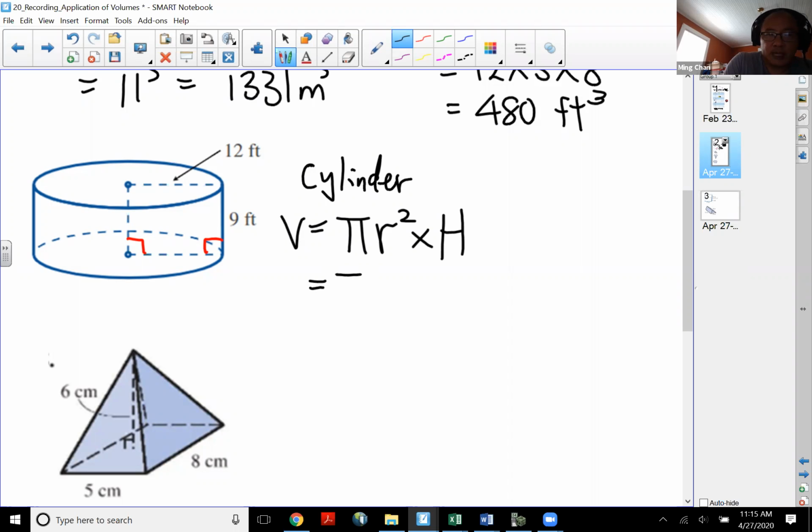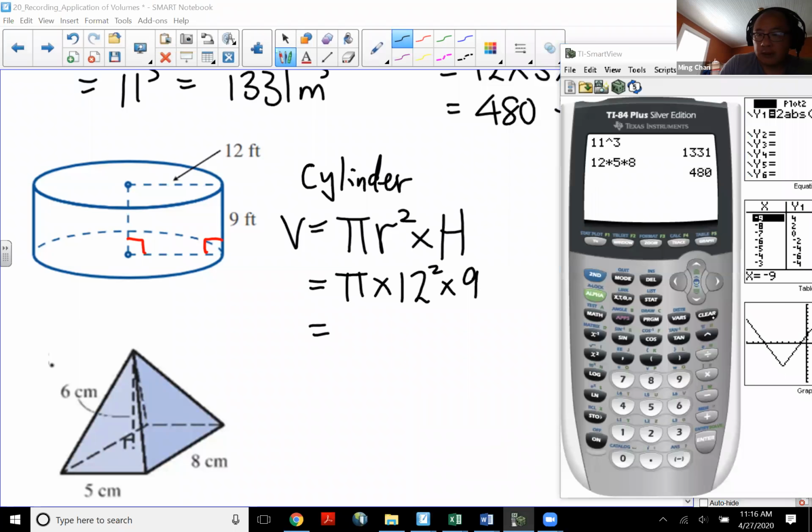Here we use the pi key times 12 squared times 9. I'm going to punch it in: pi times 12 raised to the second power times 9. All right, to 2 decimal places it will be 0.50.